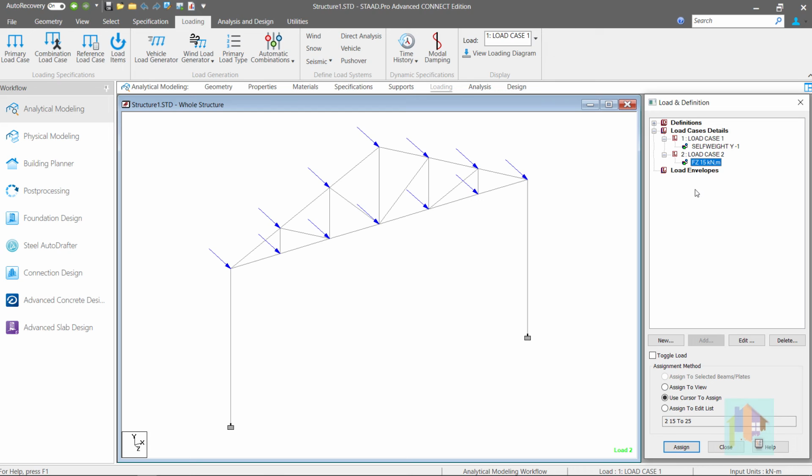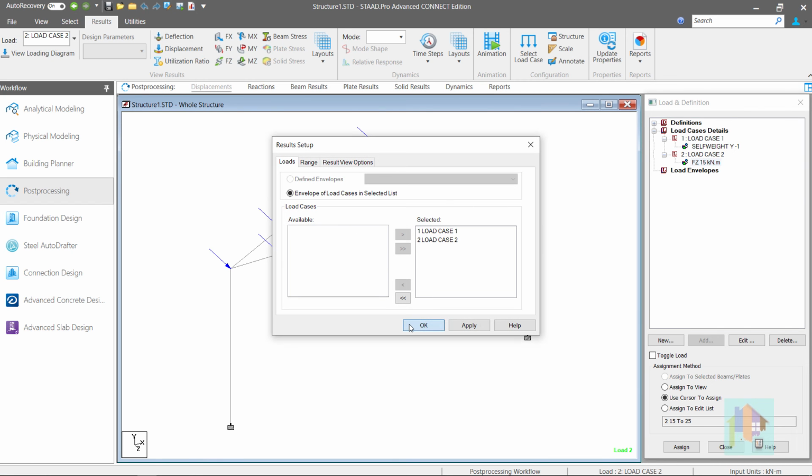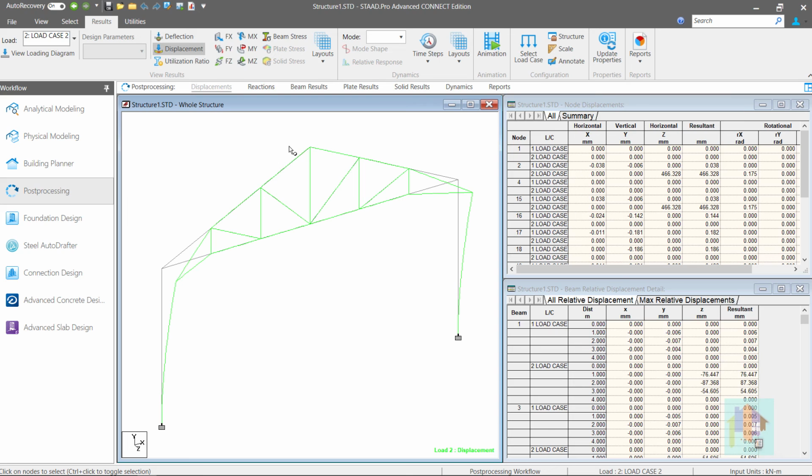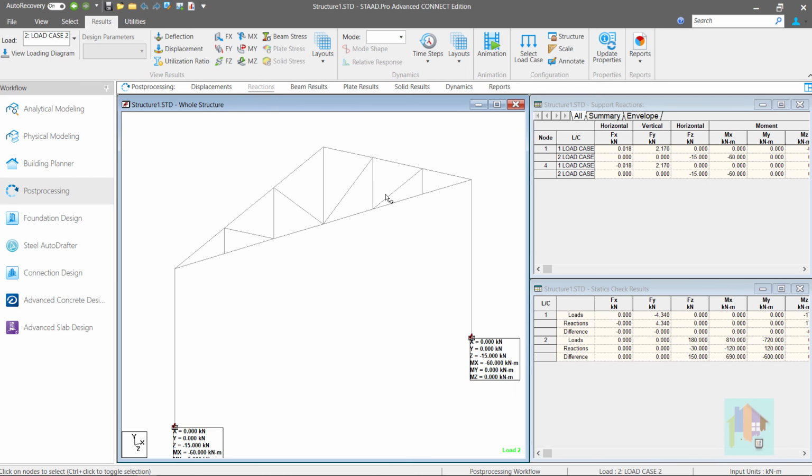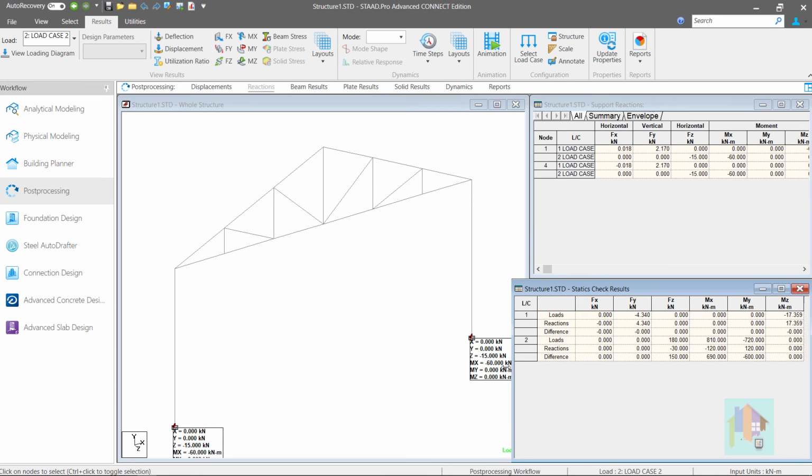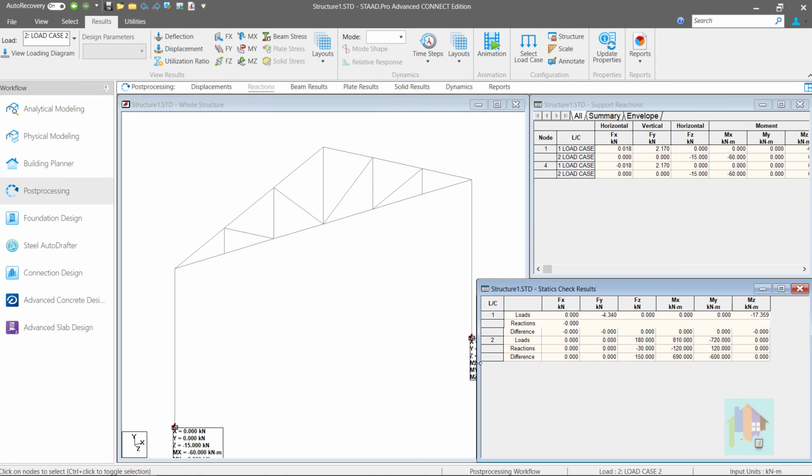We have already discussed that due to absence of stiffness, load from that node cannot be distributed and it is actually lost. We can check this from the post-processing window, whether the applied load is distributed properly or not. In the post-processing mode, reaction page, under statics check table, the applied load and reactions are reported.